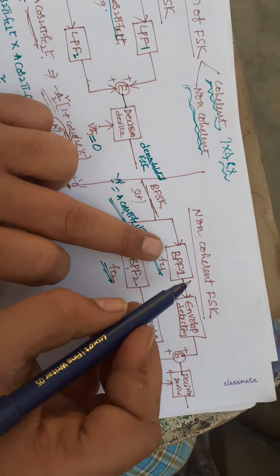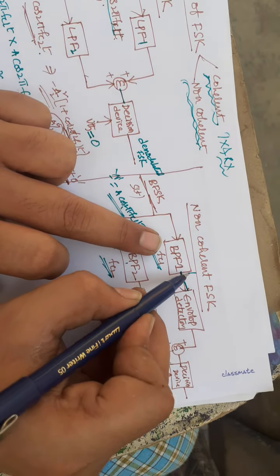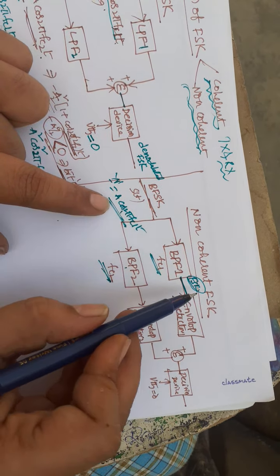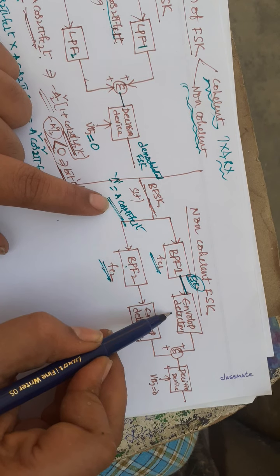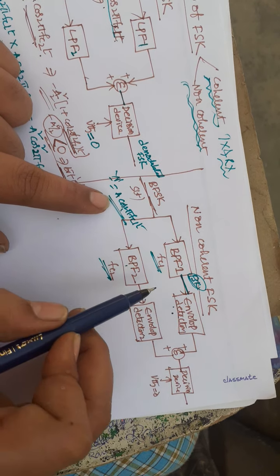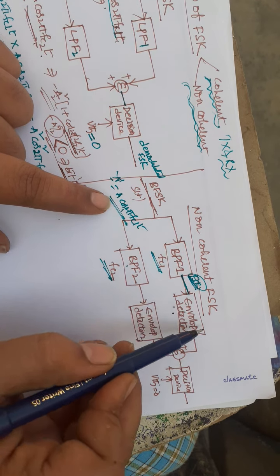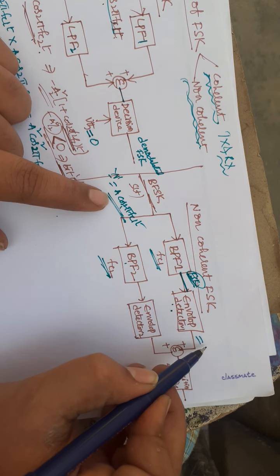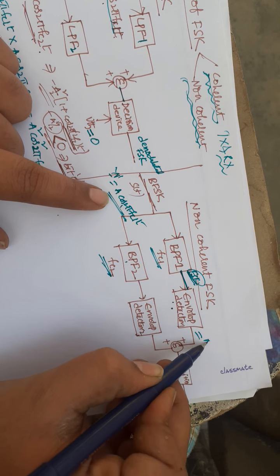Now here I am getting an FSK signal. This FSK signal is passing through the envelope detector. The envelope detector gives the envelope of the input signal, so it produces a signal which is only an amplitude signal.